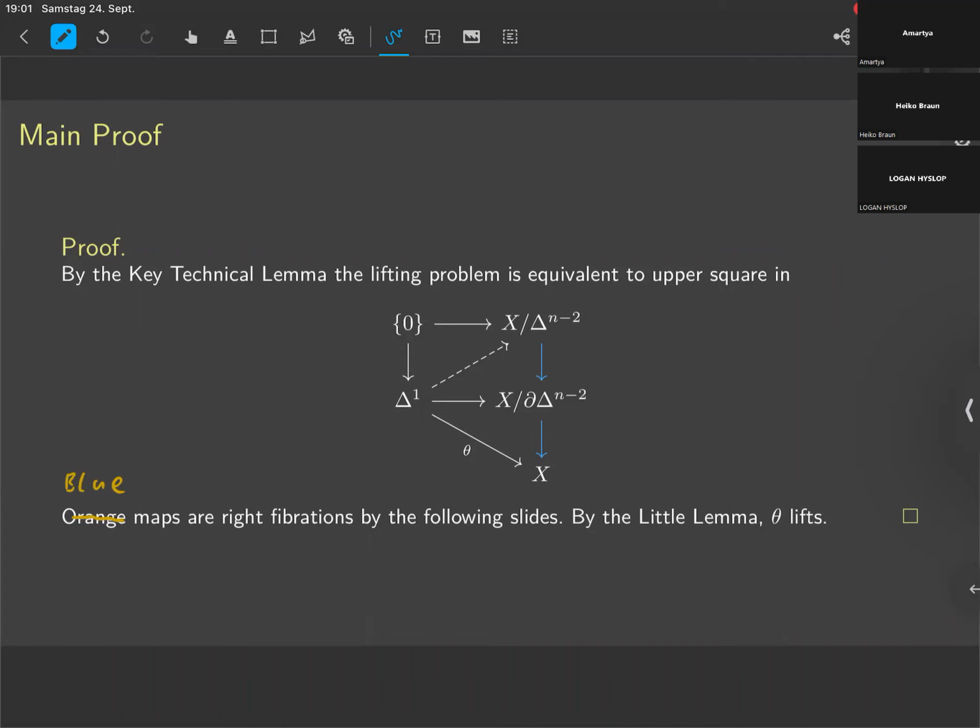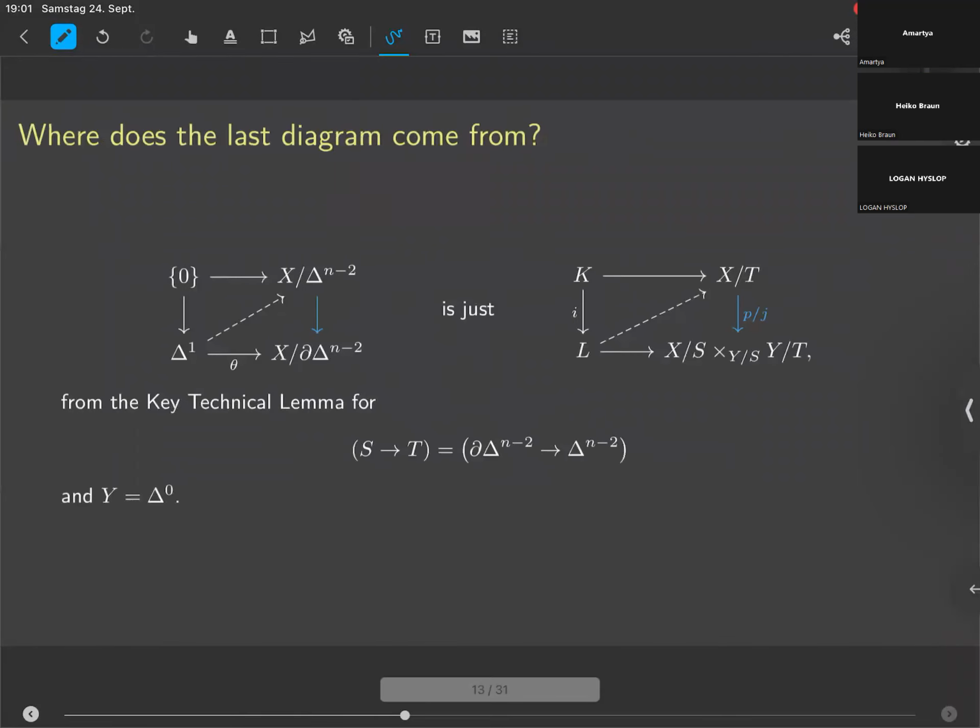Okay, let's see how these things are induced. This diagram here is the upper part of the diagram.